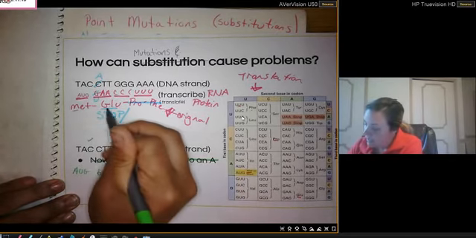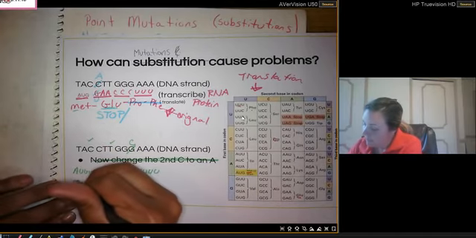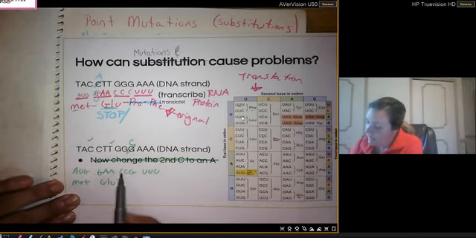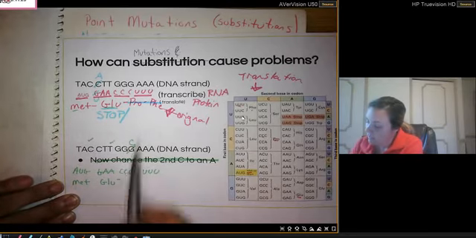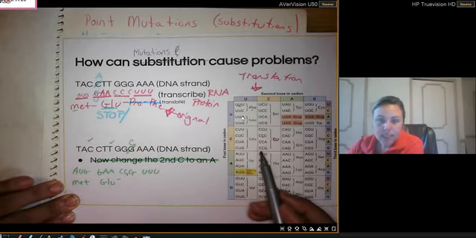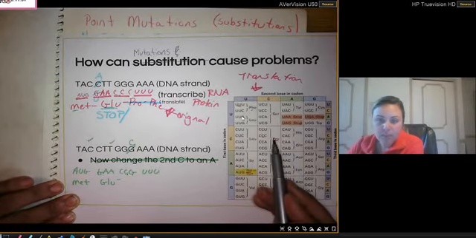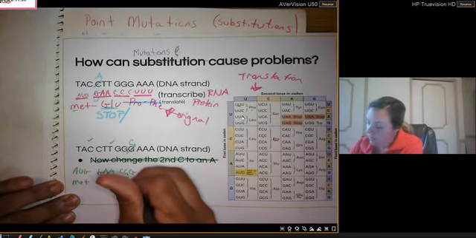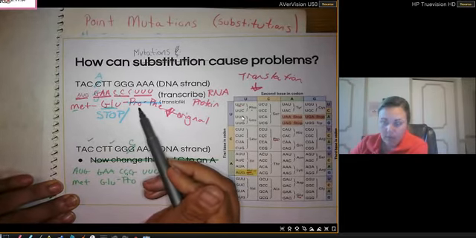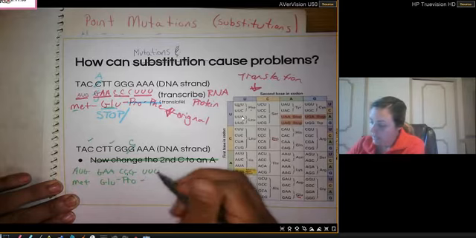This is the same. But what is CCG? Remember, that's different than this one. So looking at my codon chart, CCG is PRO. But wait a second. CCC was also PRO. And then this is PHE, just like the other one.